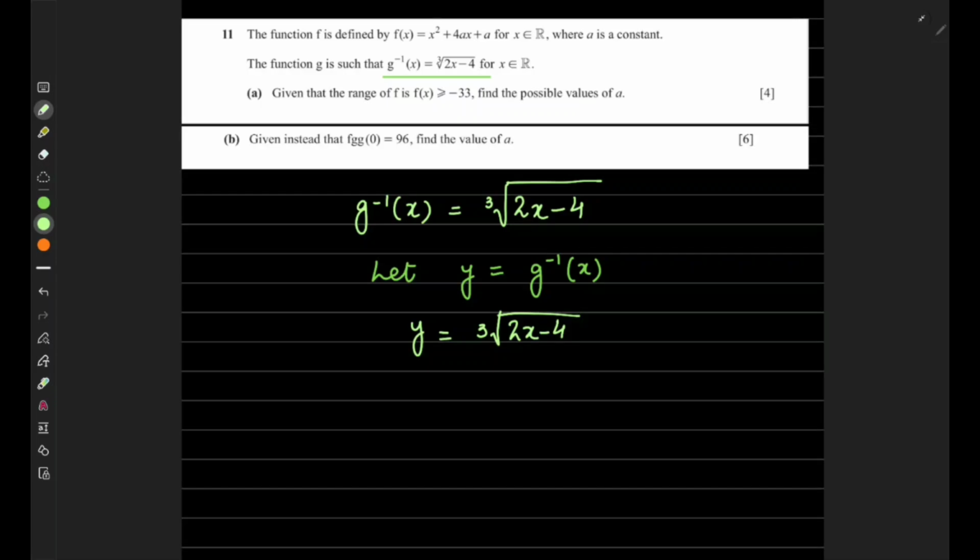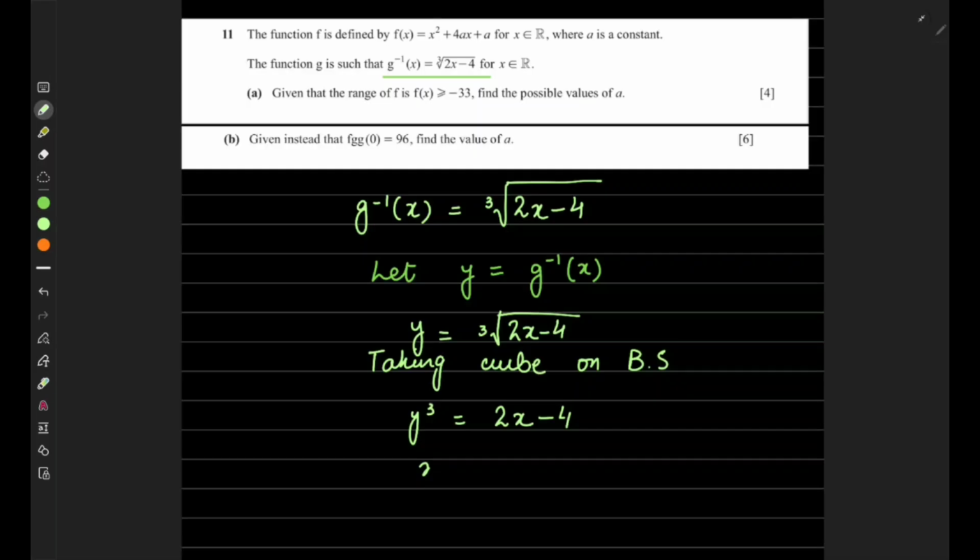Now taking cube on both sides to isolate x. So we'll get y cube equals 2x minus 4.